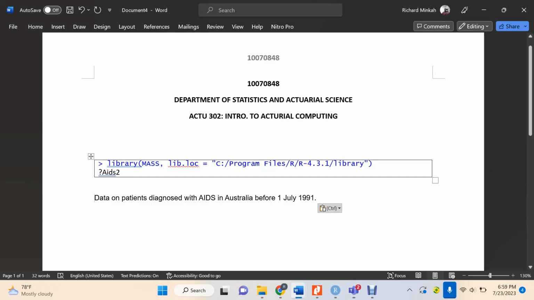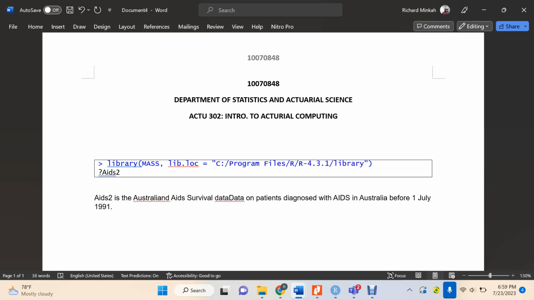Okay. So have you seen it? So the data, you can see that AIDS2 is the Australian survival data.